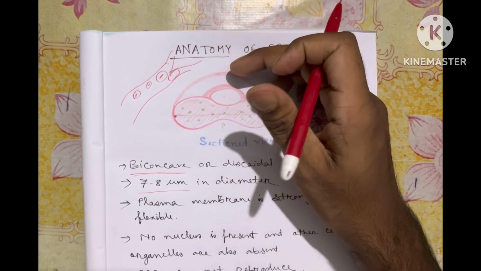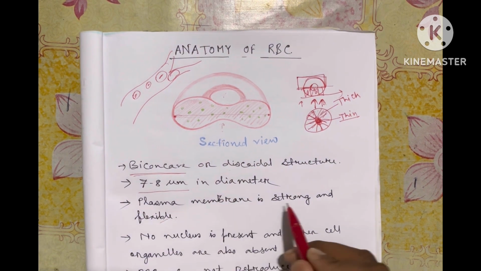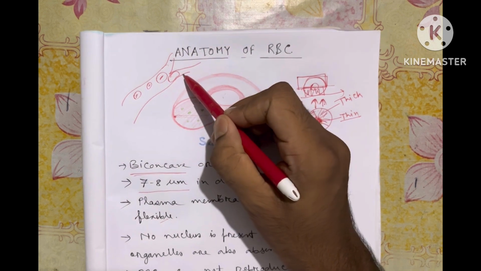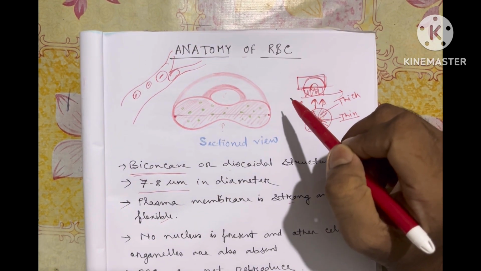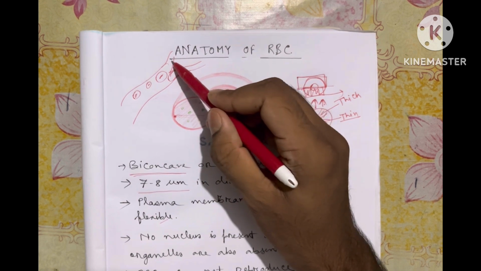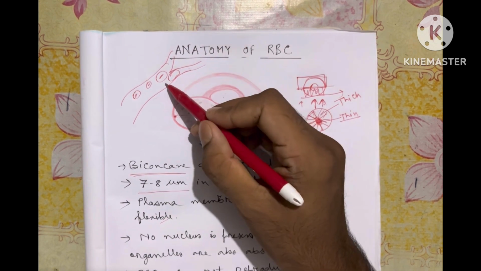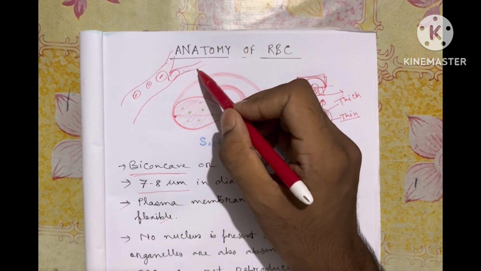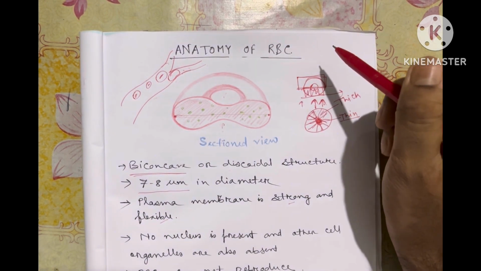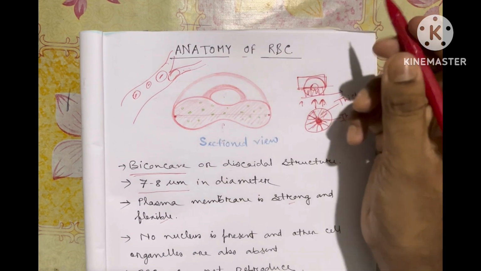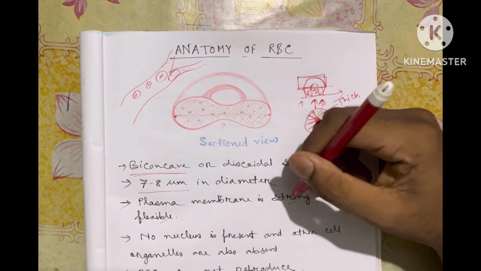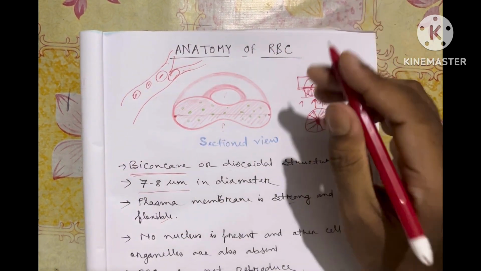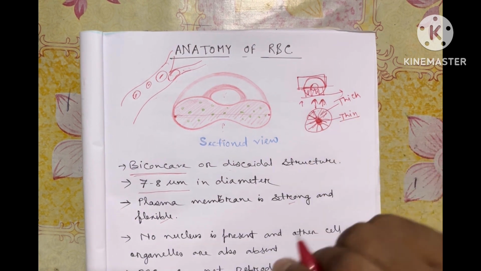So this flexible and strong nature helps our RBC go through a narrow artery. When a big artery is converted to small arterioles and then capillaries, the same RBC will go through that narrow arteriole without any problem or difficulties. That's why the strong and flexible nature of our RBCs helps them move through the narrow or small capillaries.